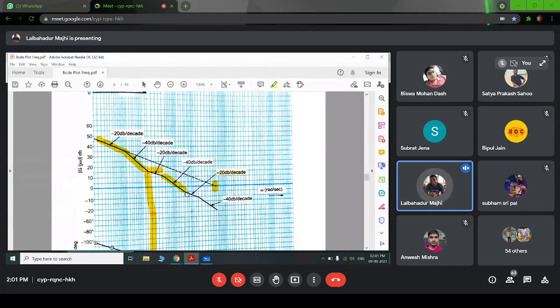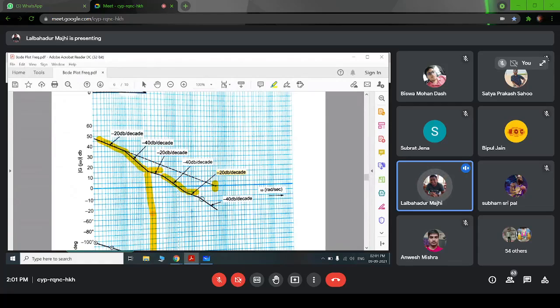From this corner frequency we have to draw this minus 20 dB per decade slope up to the next corner frequency. The next corner frequency is 10, and this 10 belongs to a pole, so we have to add a minus 20 dB per decade to the previous slope of minus 20 dB per decade. So our final slope will be minus 40 dB per decade.